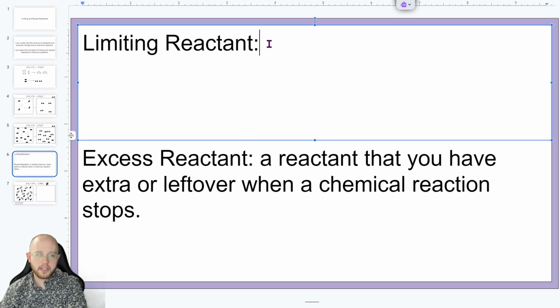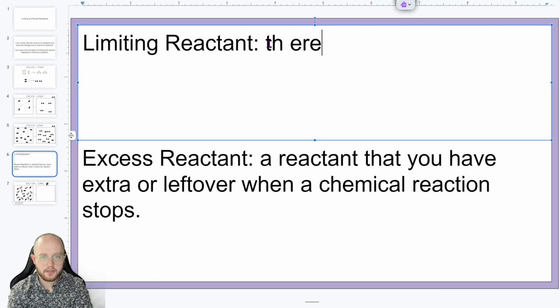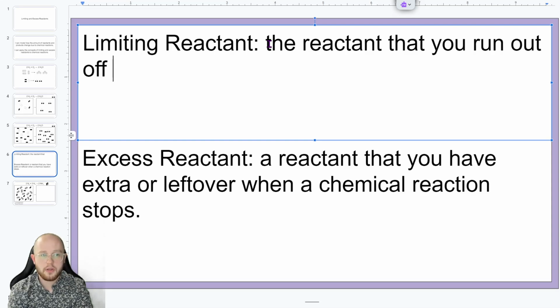Limiting reactant, on the other hand, is the reactant that you run out of. You're not going to have any left over at the end. So it is the reactant that you run out of during a chemical reaction.